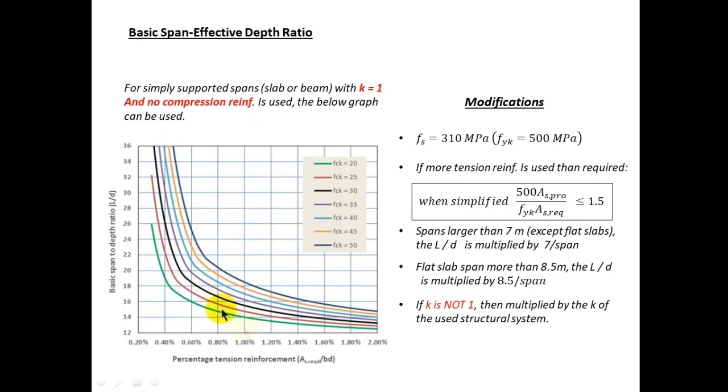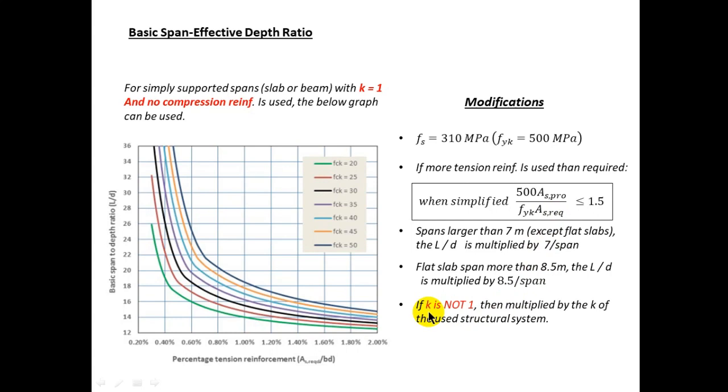Anyways, if my K is not 1, I'm going to apply the same modifications that I talked about, except that I'm going to add one more thing here. It's the K. So if my K here is not 1, that's totally fine. Say my K is 1.3, then I'm going to modify my L over D. I'm going to apply all the modifications, and then there's this modification.